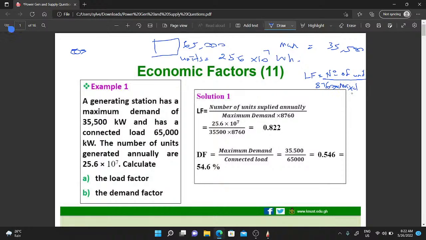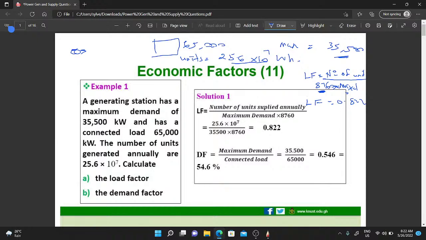The number of units generated, we have it here. 8760 is a constant. The maximum demand, we have it here. So we'll just put it in, and we find our load factor. That'll give us 0.822. So please don't forget these formulas. Annual load factor is annual units produced over maximum demand times 8760.